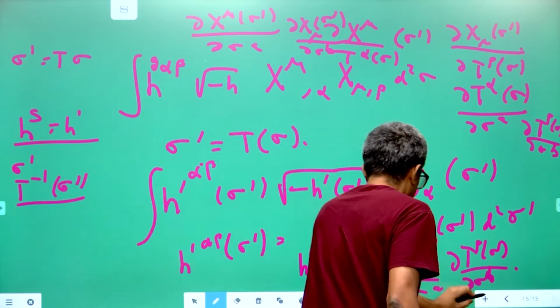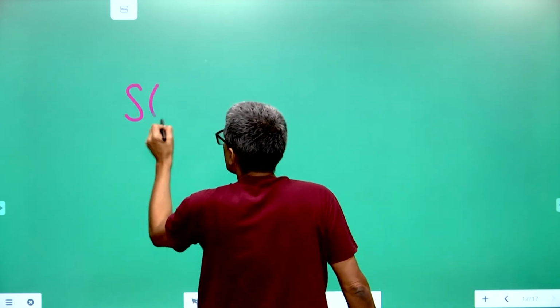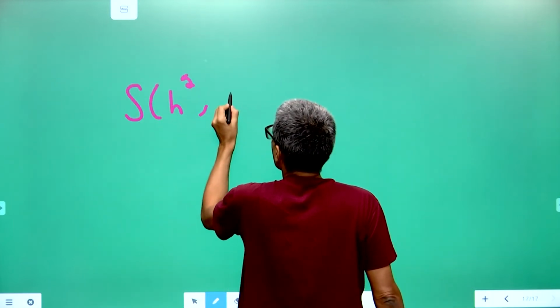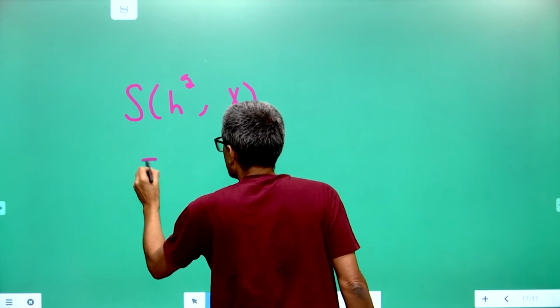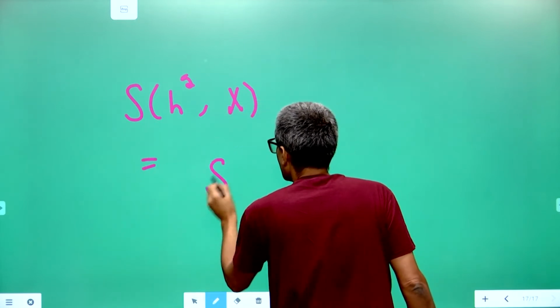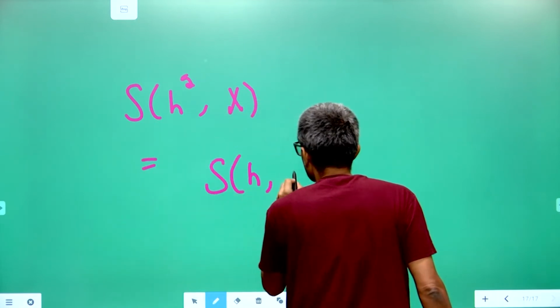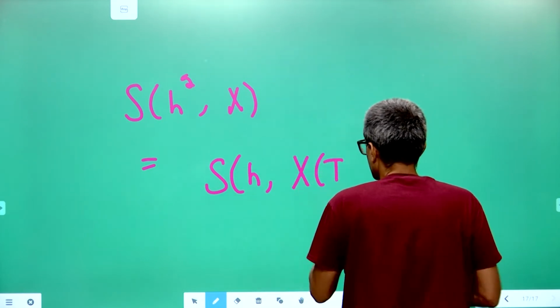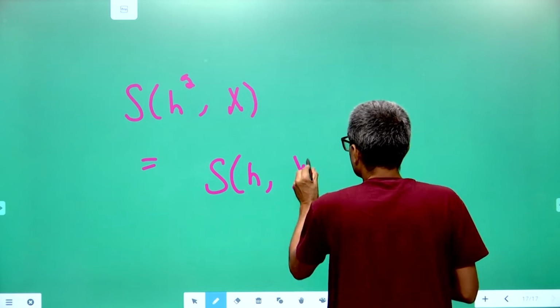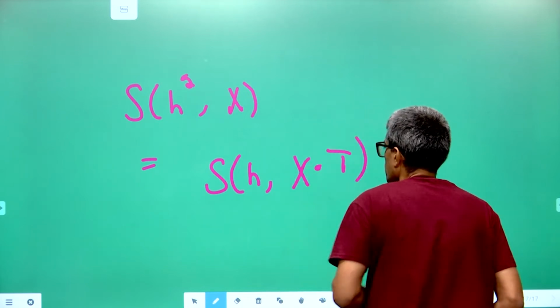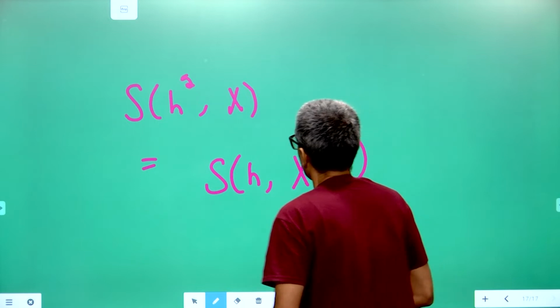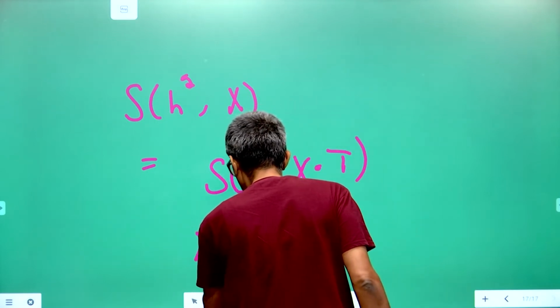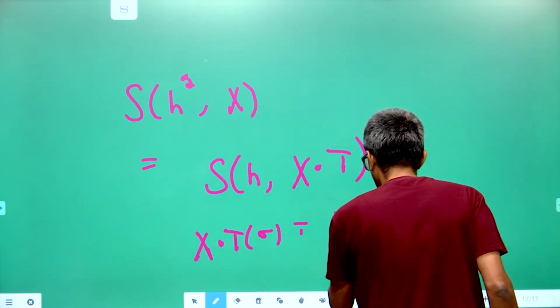So, in other words, if I make a transformation, S h g at x is nothing but S h at, you are replacing it by T of sigma. So, let us call it x of t, where x of t evaluated at sigma is equal to x of t of sigma.